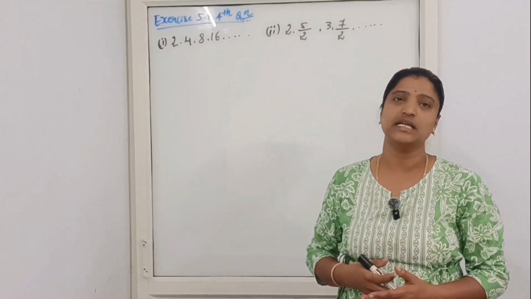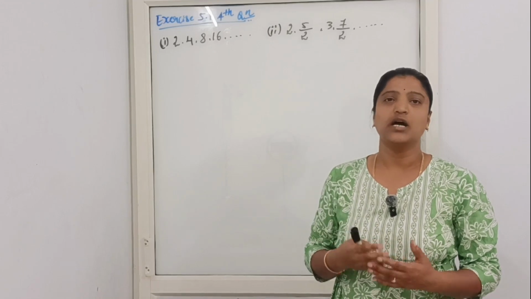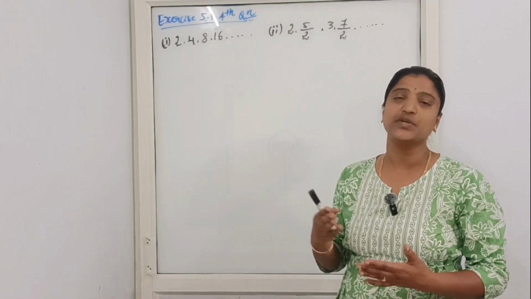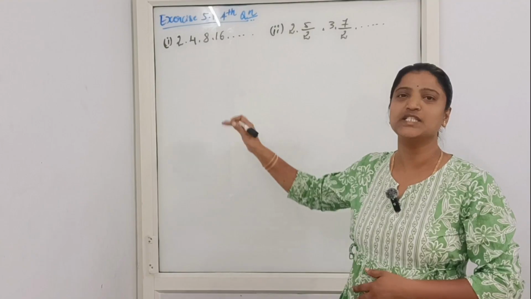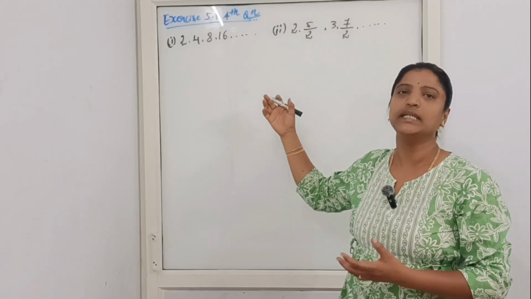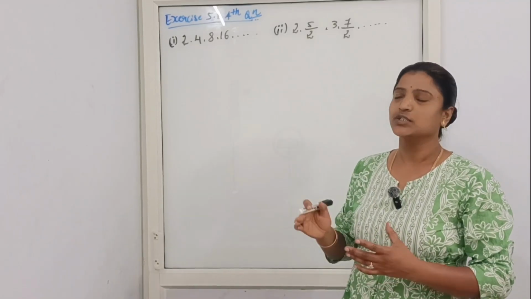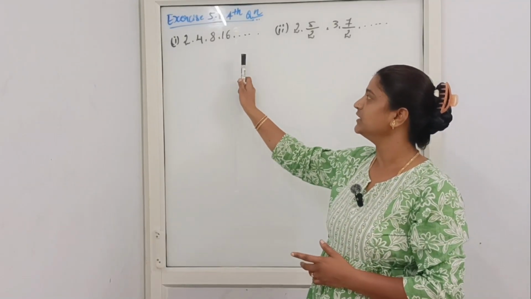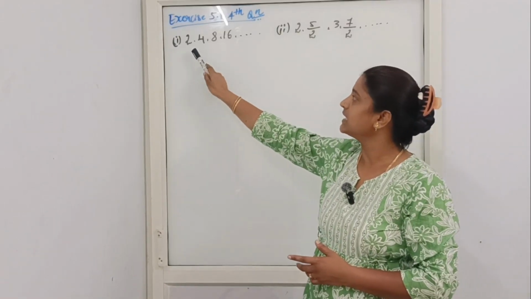In the previous exercise we already came across how to find out whether it belongs to an AP or not. Just find the common difference d. If the common difference is equal, then it is an AP. So here also we need to find the common difference, and the first term is a.